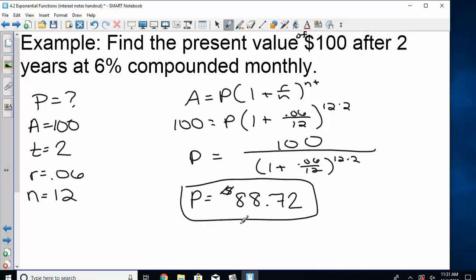Make sure you are labeling your answers appropriately. If you're finding a dollar amount, make sure you put a dollar sign. If you're finding an interest rate, put your percent.